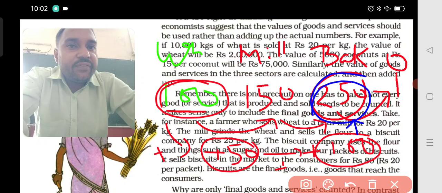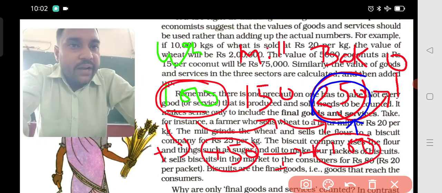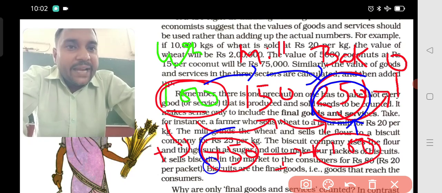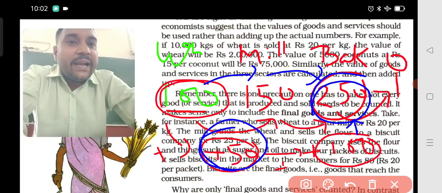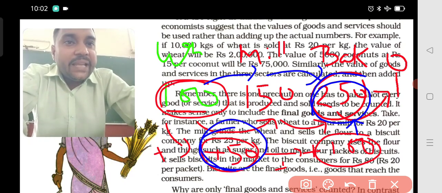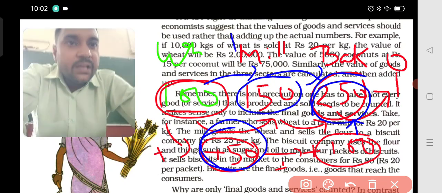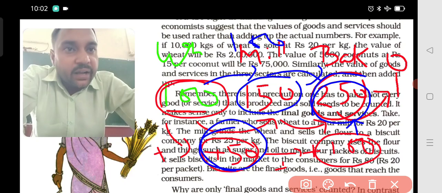Now what happens if we again add 100 with 150 and 150 to 250? The flour mill owner added only a value of 50, and if we add 150 to 100, what will happen? We added 100 again with a value addition of 50.